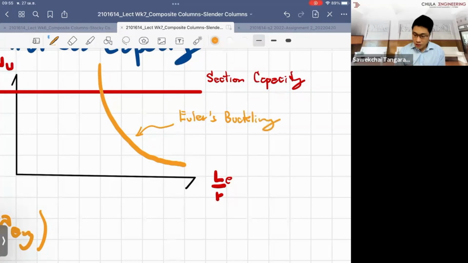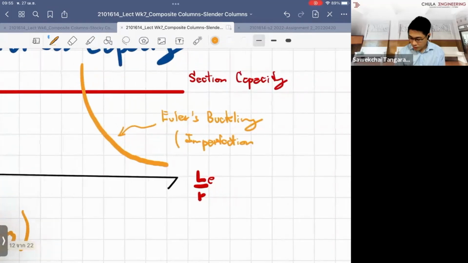And the Euler buckling formulation is talking about imperfection, or non-straightness, of the column geometry.